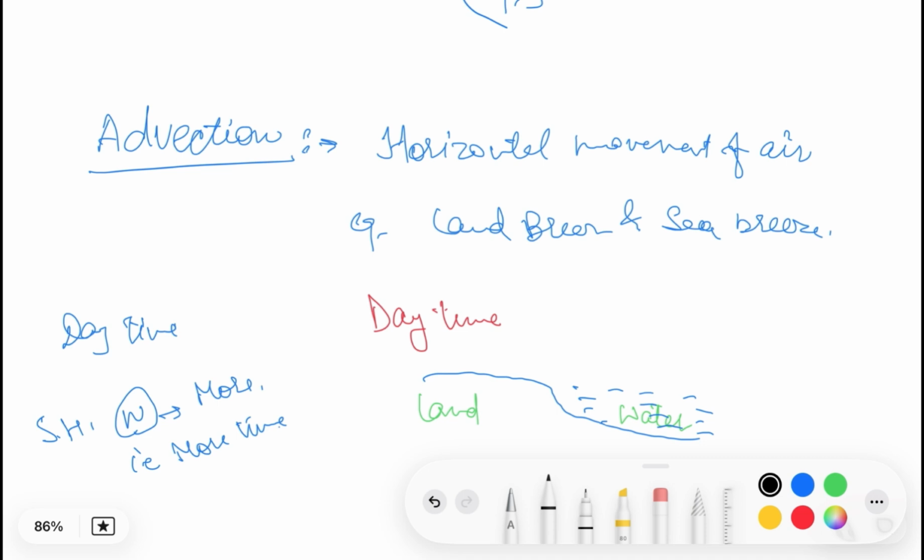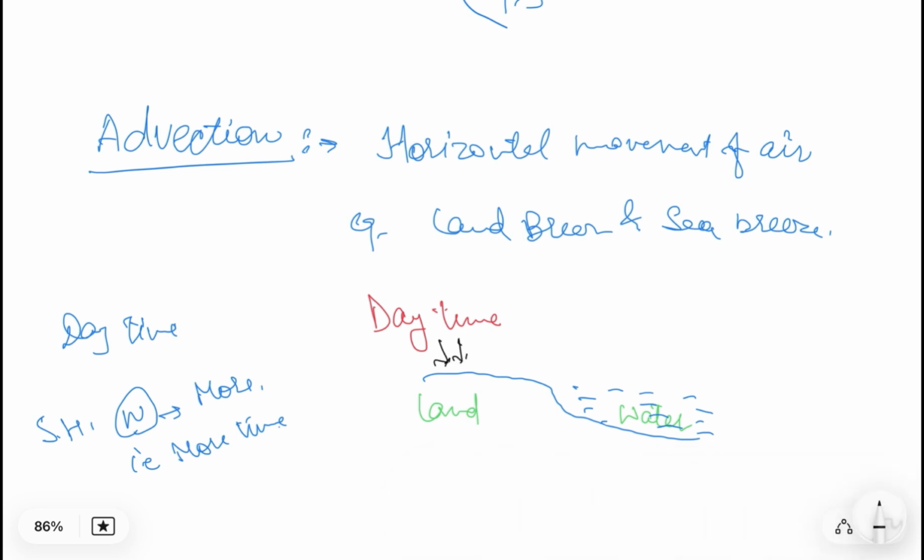During the daytime, land will get heated first, so the temperature here will be high as compared to the sea surface. Where the temperature is high, there will be low pressure, and here we will have high pressure.